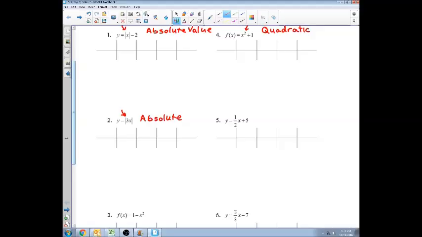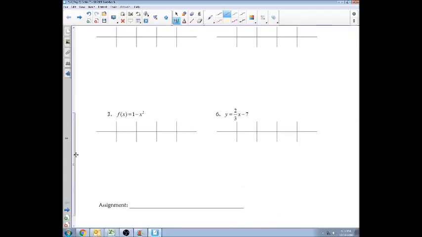Now, if my x does not have an exponent, then this is going to be a linear graph. We'll talk about what happens with each one of those here in 1 second. Number 3, again, I have a quadratic. And 4, again, my x does not have an exponent, so it will be a linear graph.